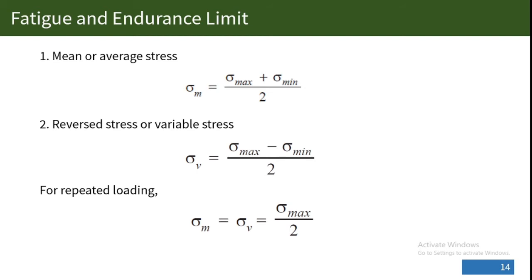And for repeated loading, the stress varies from maximum to 0 in each cycle. Therefore, since the minimum stress for repeated loading is 0, we simply substitute 0 in this formula. Thus, the mean stress and the variable stress are each simply equal to sigma max over 2.